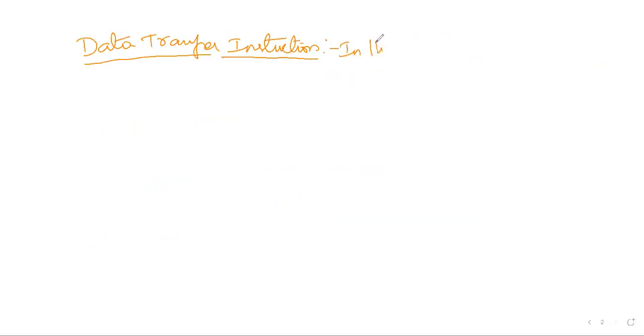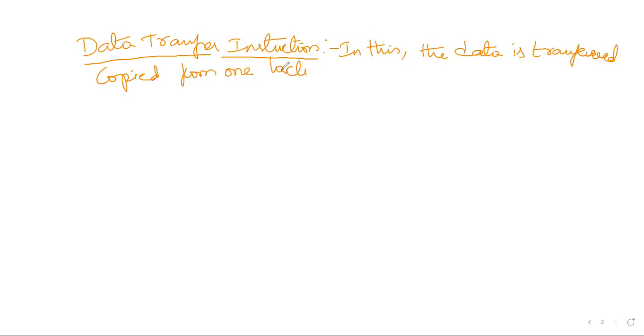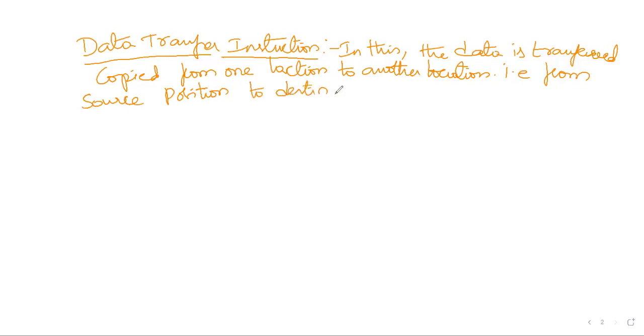In this type of instruction, the data is transferred, or it is also called copied, from one location to another location, that is, from the source position to the destination position.